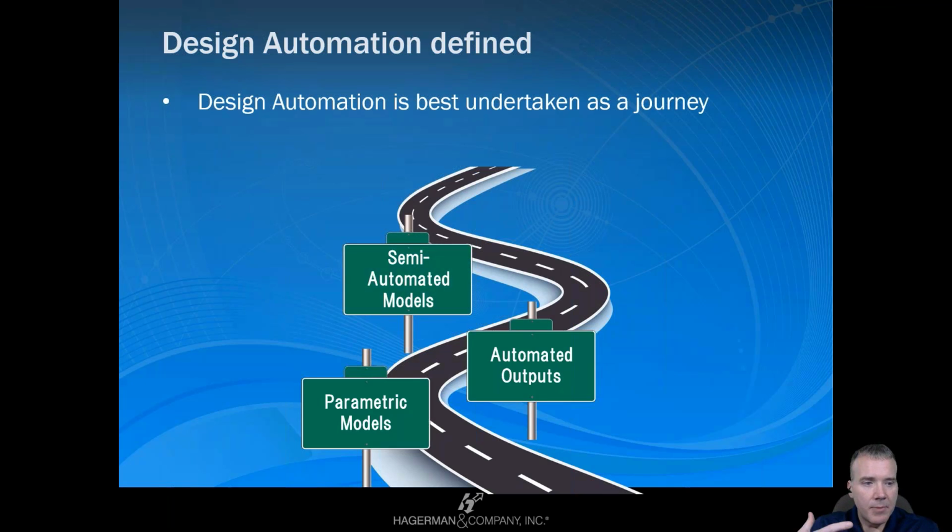Now, once you get to the point where your models are mostly parametric, you might get to the point where you're automating your model generation. Now, this part of the process starts to get a little bit complicated depending on how you do it. Rather than just going into your model and changing parameters, you might start to use iLogic and generate an iLogic form. That iLogic form has maybe your high-level design inputs, and then rules that you've captured via iLogic do the parameter changes, right?